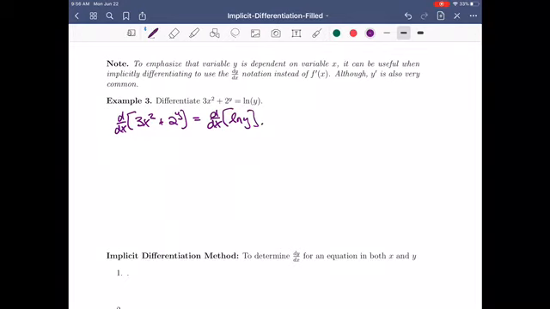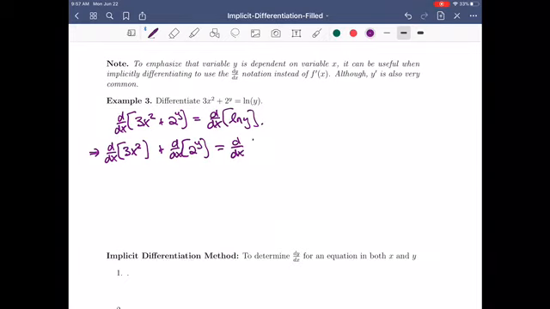Okay, now I can do the ones on the left side separately. So it's going to be d by dx of 3x squared plus the derivative with respect to x of 2 to the y, which should equal the derivative with respect to x of ln y.